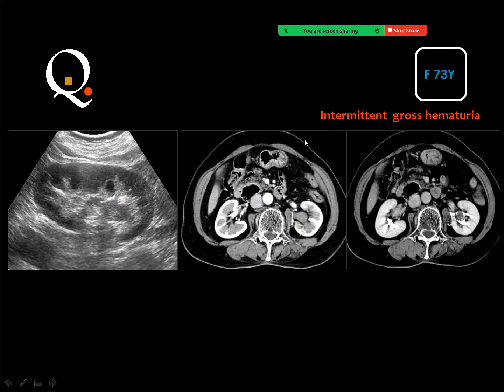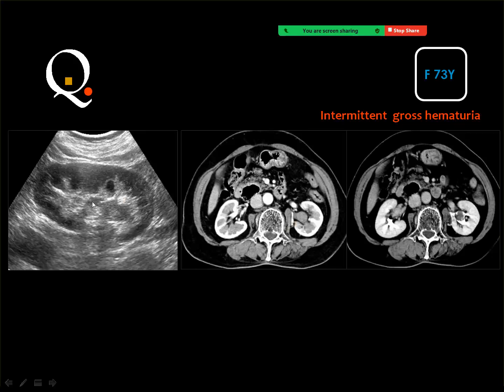Yes, and this is transitional cell carcinoma in the renal pelvis, which is seen here by ultrasound and also seen here as a filling defect within the renal pelvis, especially noted in the excretory phase. Then why is this not a radiolucent stone?